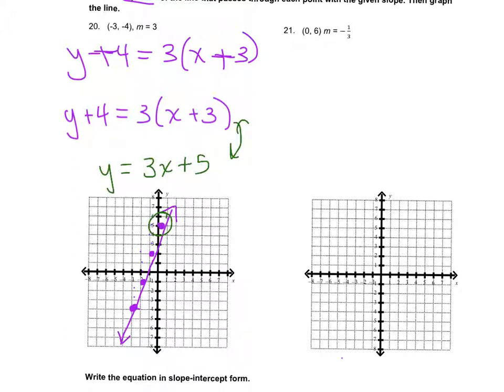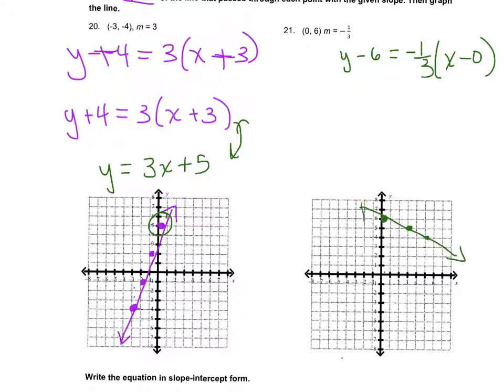So next one. y minus y1 equals m times x minus x1. I go to 0, 6, which is right here. The slope is -1/3, so you go down 1 to the right 3, down 1 to the right 3.